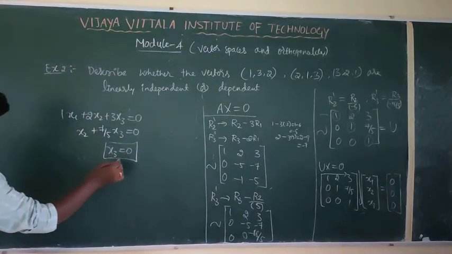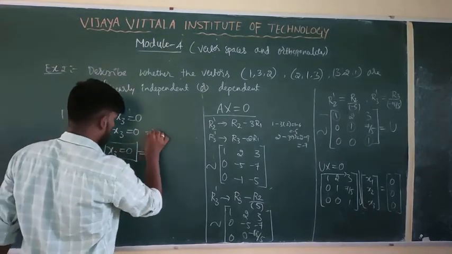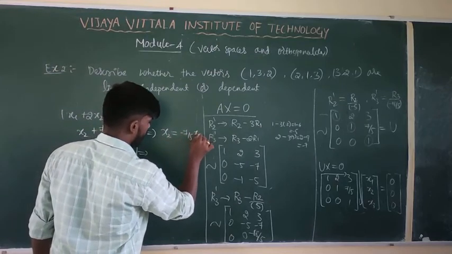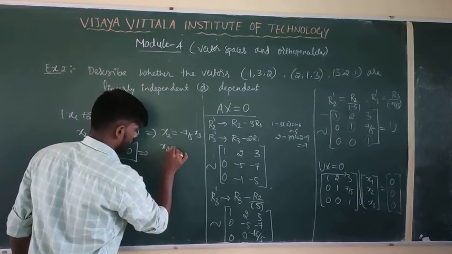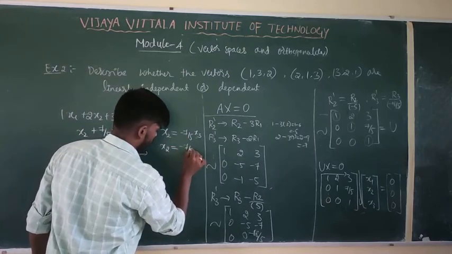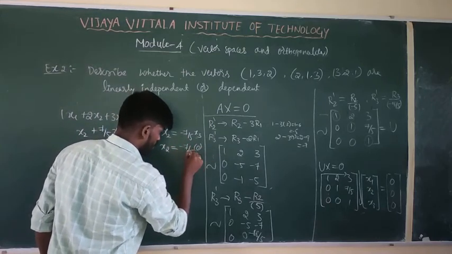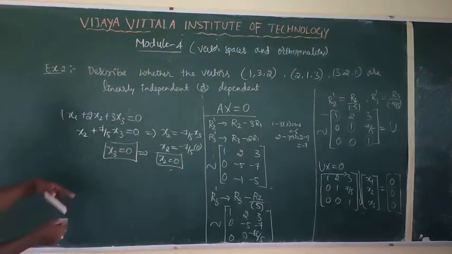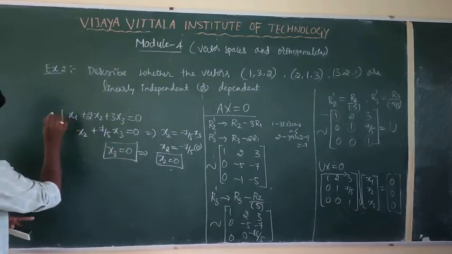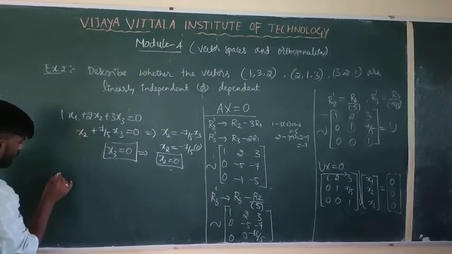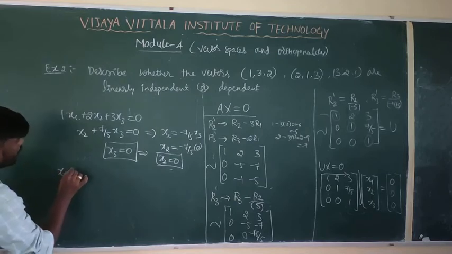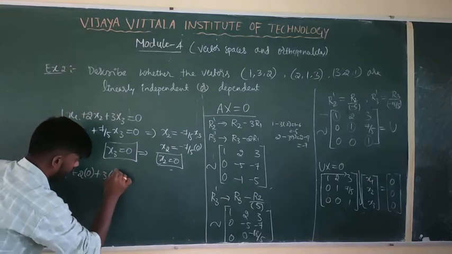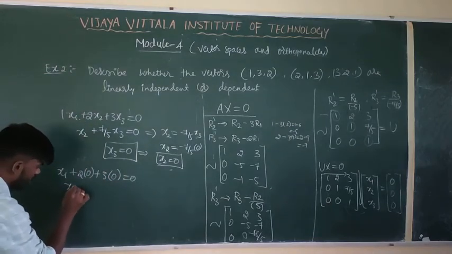Using x3 equal to 0, x2 is equal to minus 7 by 5 x3, so x2 is 0. Using x2 and x3 in the first equation, x1 plus 2 into 0 plus 3 into 0 equals 0. Therefore, x1 is also 0.